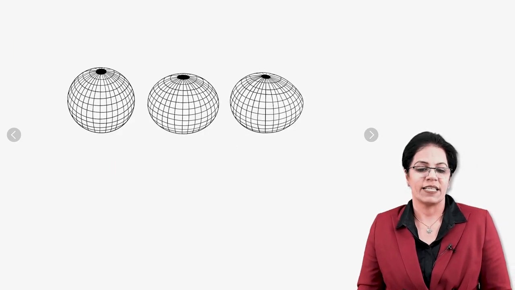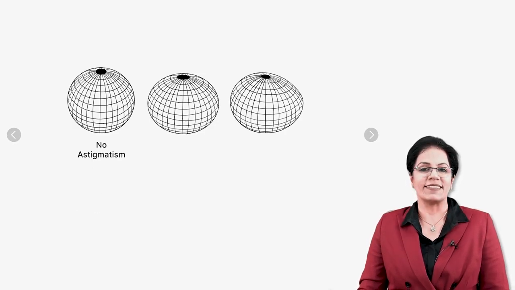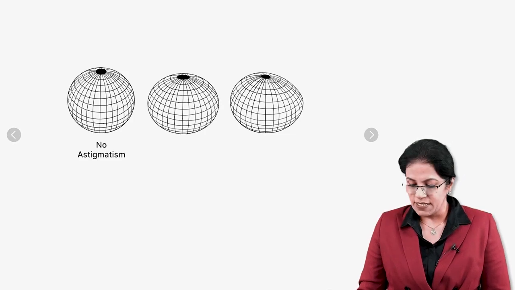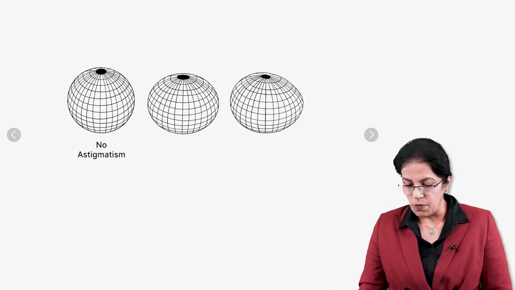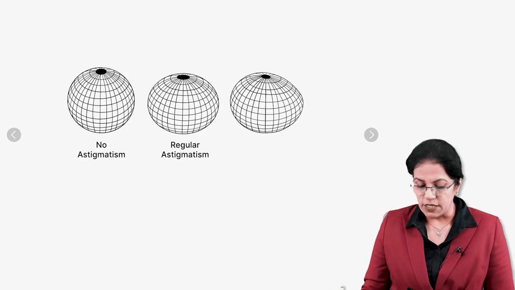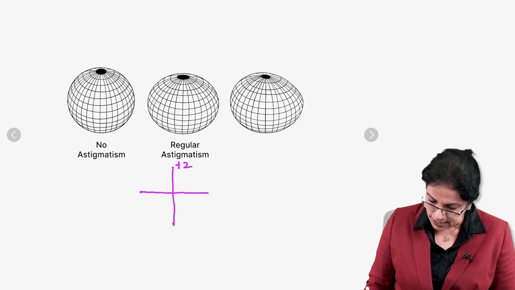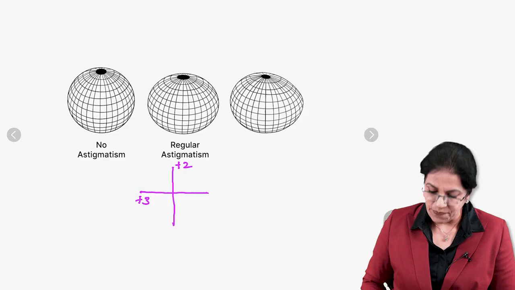If you look at the first figure, you see this is no astigmatism. This is mainly spherical. Now, when one axis is more than the other, this is astigmatism. And what irregular means, learn in this way. If I write here plus 2 and suppose I write here plus 3.